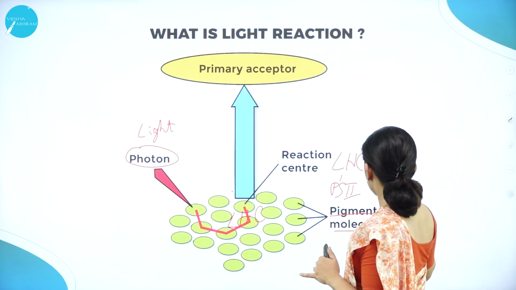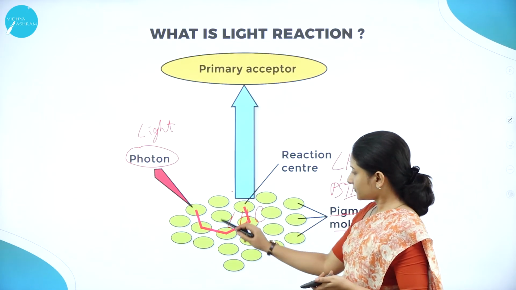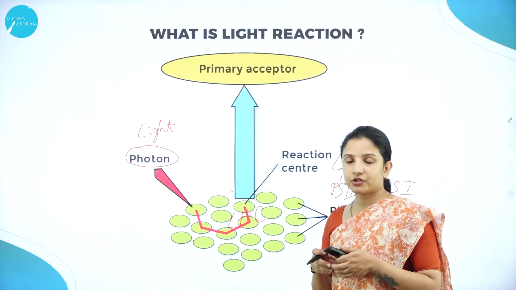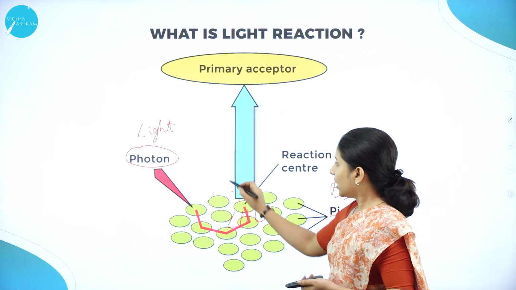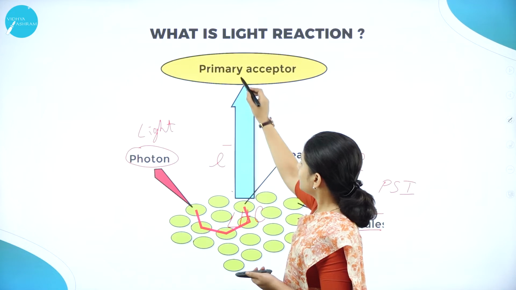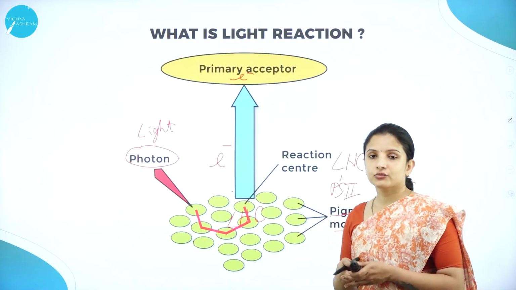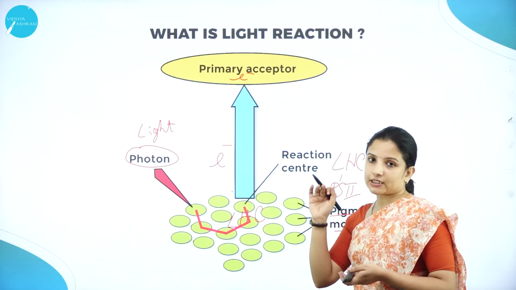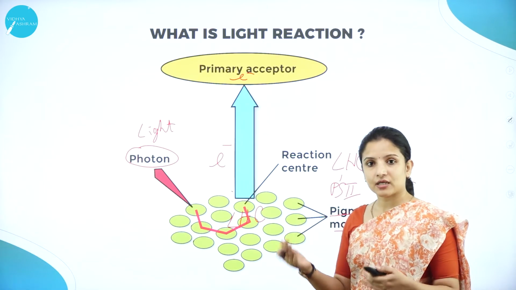So here it traps the light's energy and the electrons will be transported from here towards the primary electron acceptor, and it will move along through the cyclic and the non-cyclic reaction. So the photophosphorylation, we'll study in the coming session.